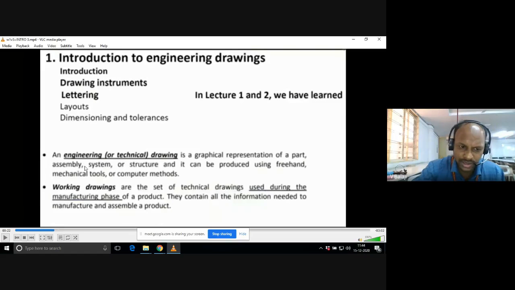So here you see, it is very important to read something on the screen. Reading habit is very important. Please cultivate the reading habit because it gives you more knowledge. For every subject, you prepare at least 3 or 4 textbooks. Then only you will get proper knowledge and understanding of the subject.